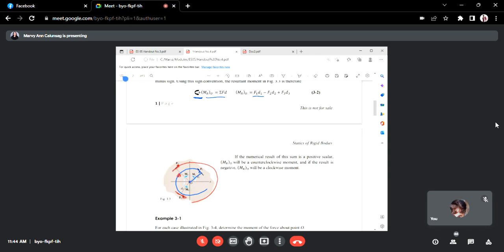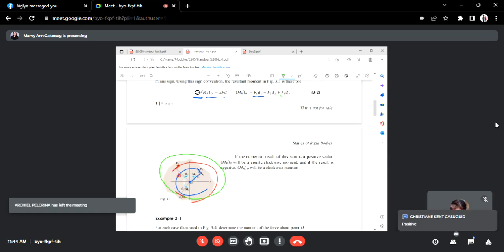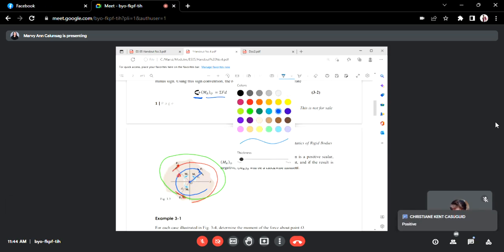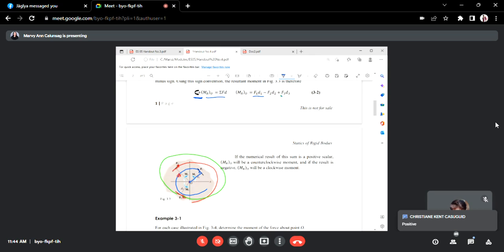The rotation is counterclockwise, so therefore it is positive. F3 D3 is positive. That is the resultant moment.